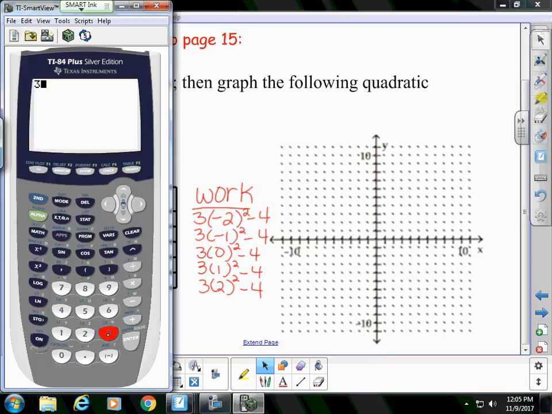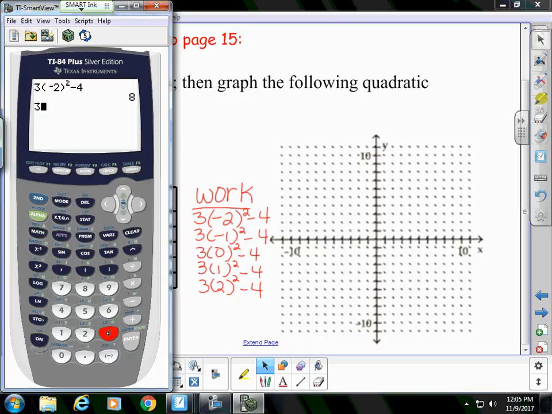Okay, so I did 3 times, you just type it all in exactly the way I wrote it down, times, and here's the negative key. A couple of you yesterday were hitting the minus key. -2 squared, now I use the minus key, minus 4. Enter. That one came out to 8.